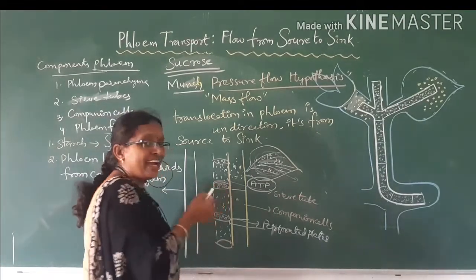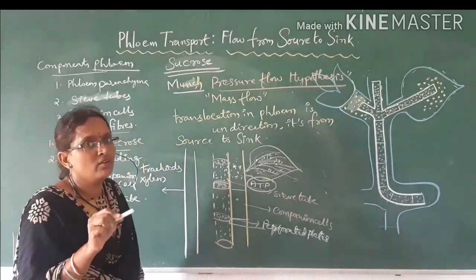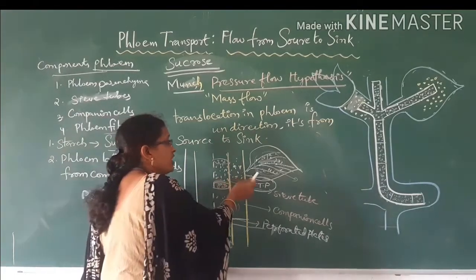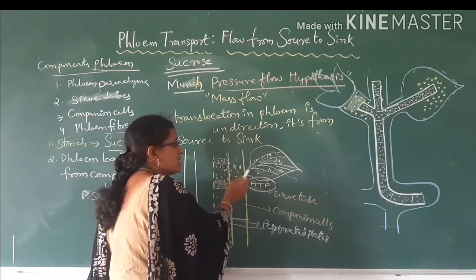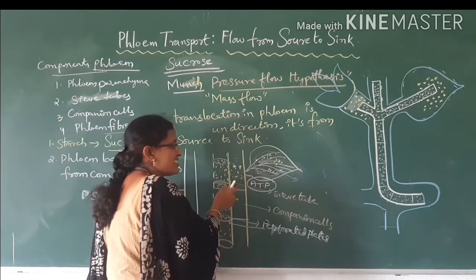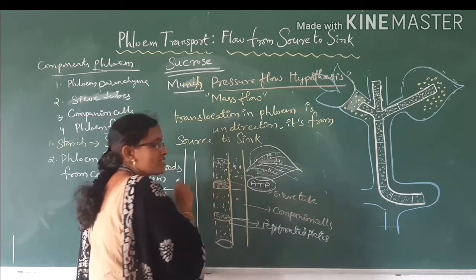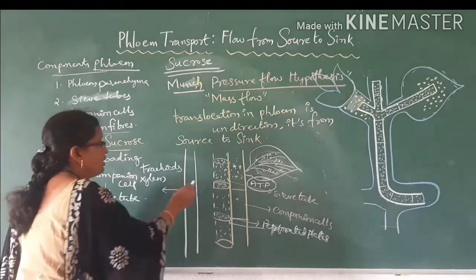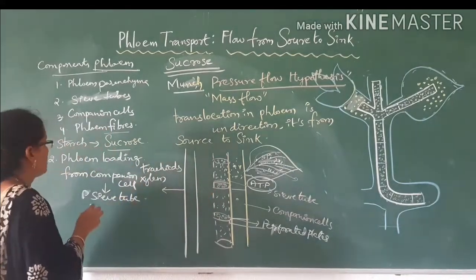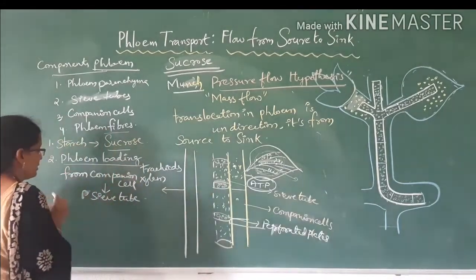So it is an active process. By spending ATP, the companion cells first take the sucrose solution, and again it is transported into the sieve tubes. So phloem loading is completed.